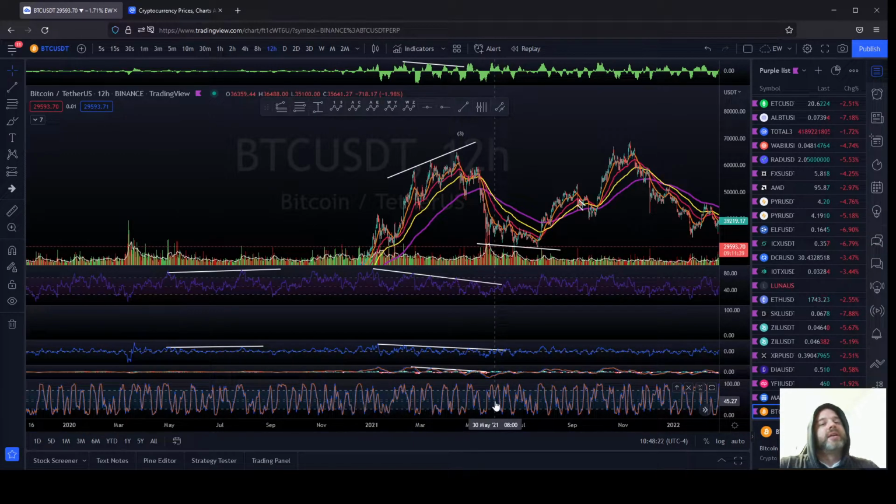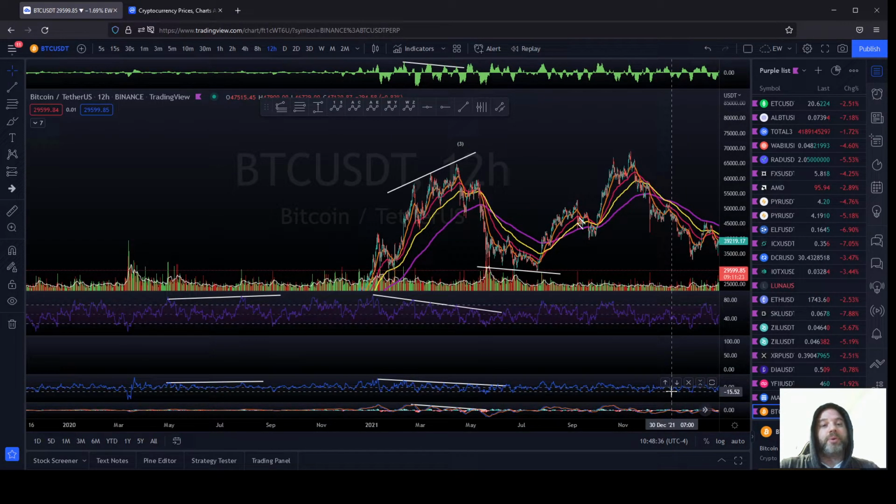Since this oscillator is the 0-100, you might find some divergences like here, but they're not as strong, so I don't like to use it for that. I'd prefer to use Crypto Heat's MTF indicator for fakeouts. There's a way to measure divergences on that as well, but we can get to that in another video.